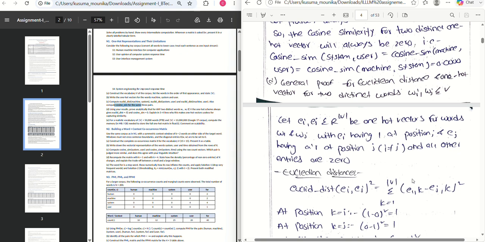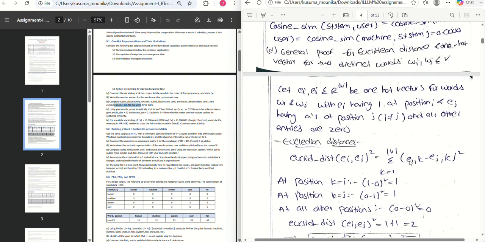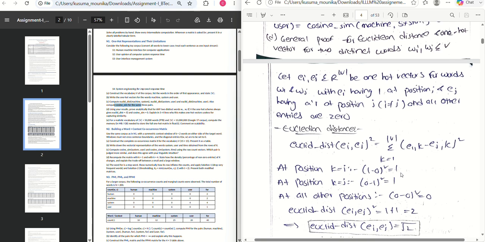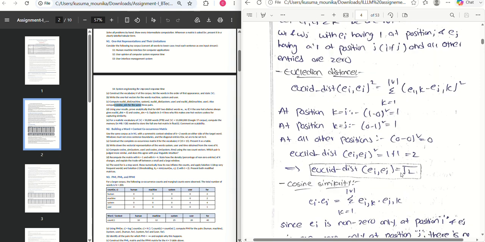When we calculate the Euclidean distance, at position k equal to i the difference is always 1, and at position k equal to j it is always minus 1, squared, which is 1. At all other positions the value is 0. So the overall distance will always be the square root of 2.